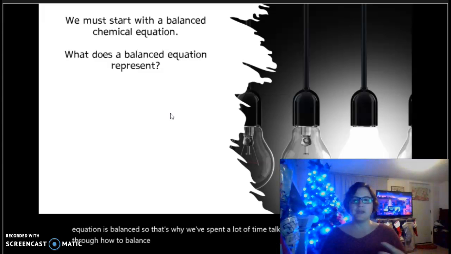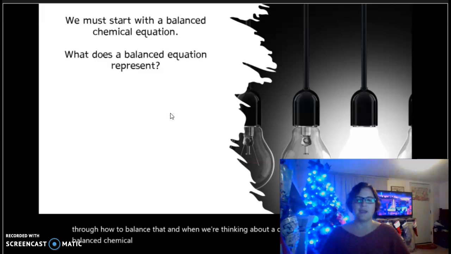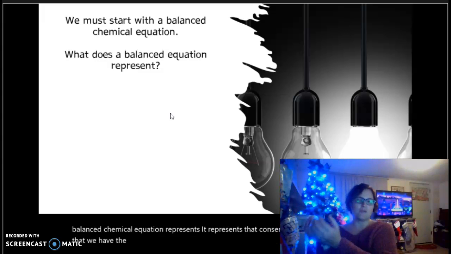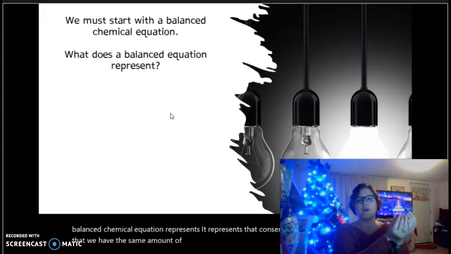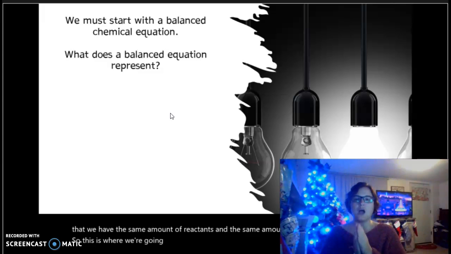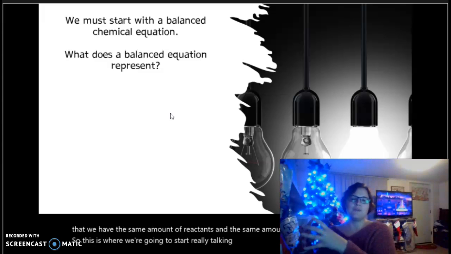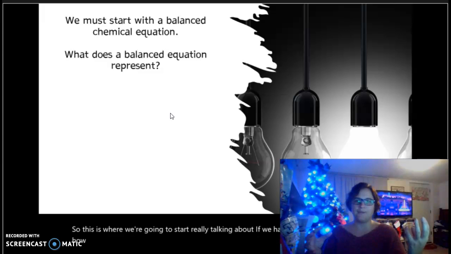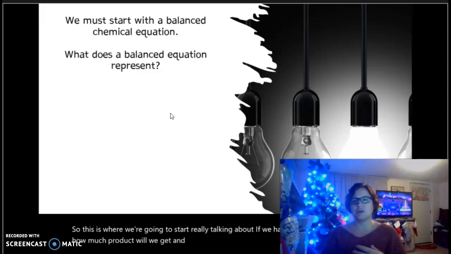A balanced chemical equation represents the conservation of mass, and it means that we have the same amount of reactants and the same amount of products. So this is where we're going to start really talking about, if we have this amount of reactants, how much product will we get? And that's the connection that we're going to make now with stoichiometry.